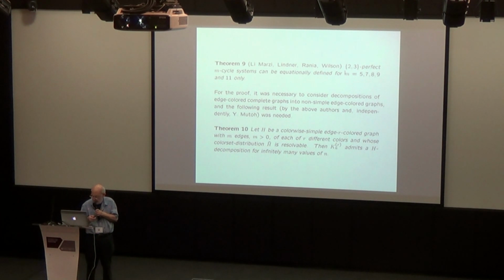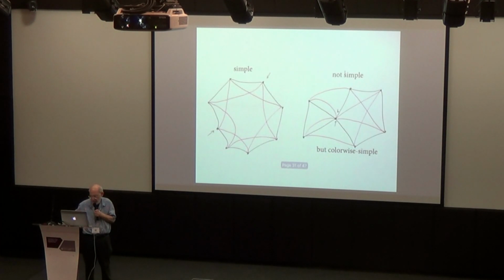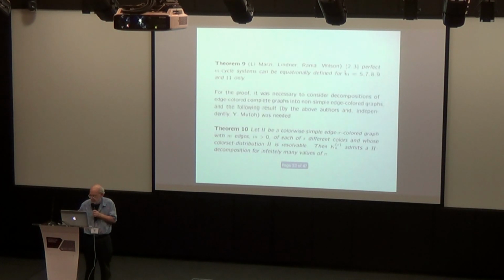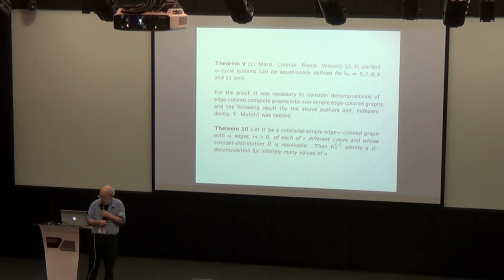To prove that, one had to come up with a decomposition of the complete graph, a complete multigraph with red and black edges, into copies of this graph, and this theorem will do it.